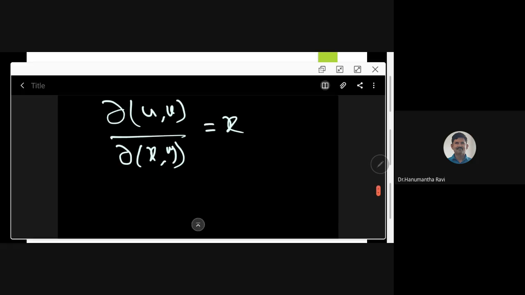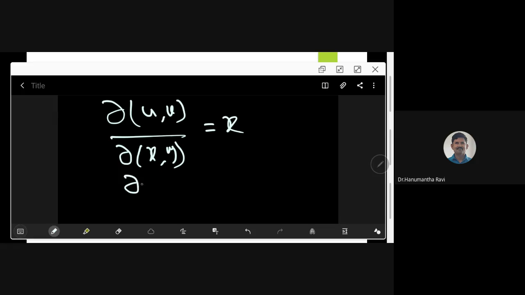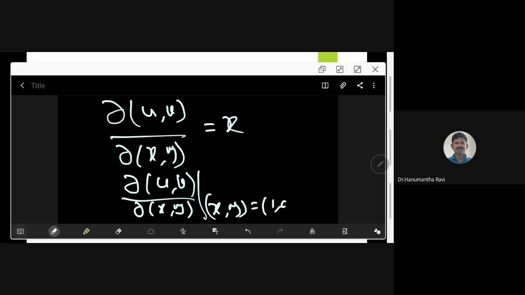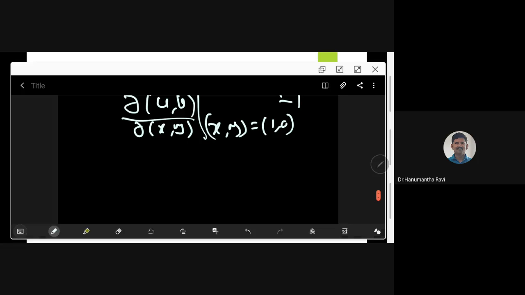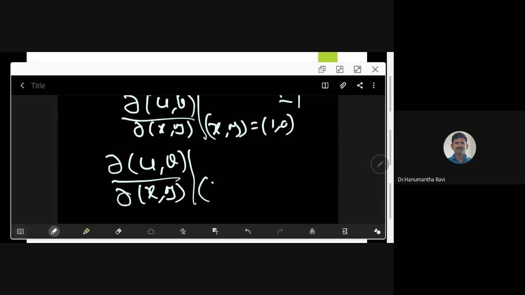For example, if I ask you what is dou (u, v) by dou (x, y) when (x, y) is equal to (1, 0), the response is 1. If we ask at (x, y) equal to (2, 1), then it is 2, because only the x value will come. So it won't be identically equal to 0.